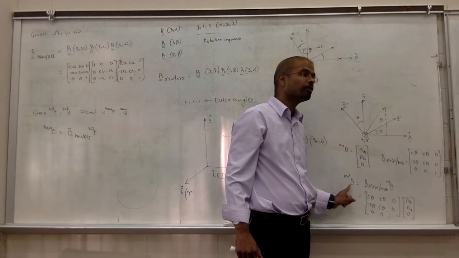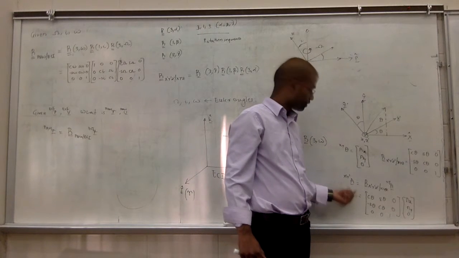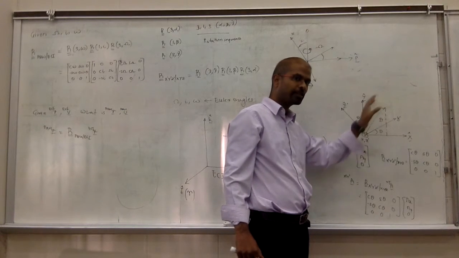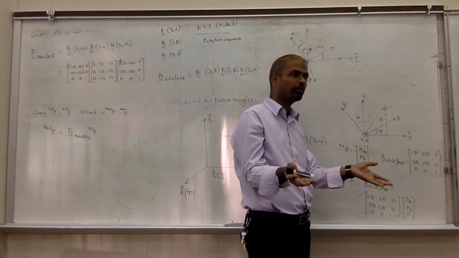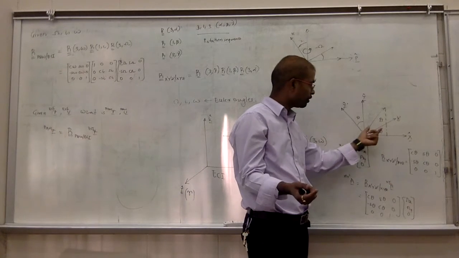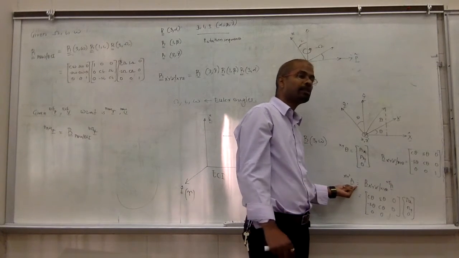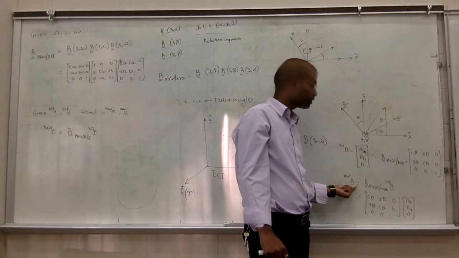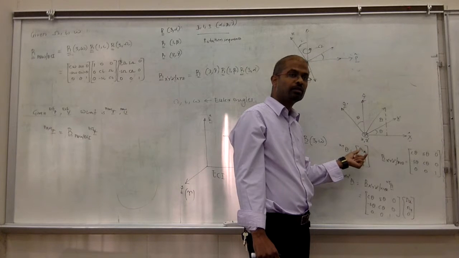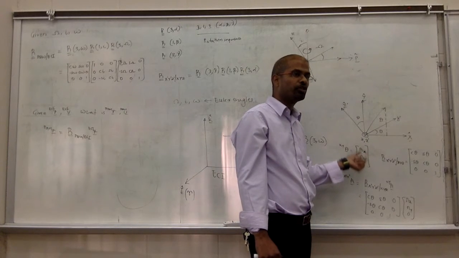So this is the same vector A. The vector itself is independent of coordinate system. Depending on which coordinate system you express it in, what changes? The components change.